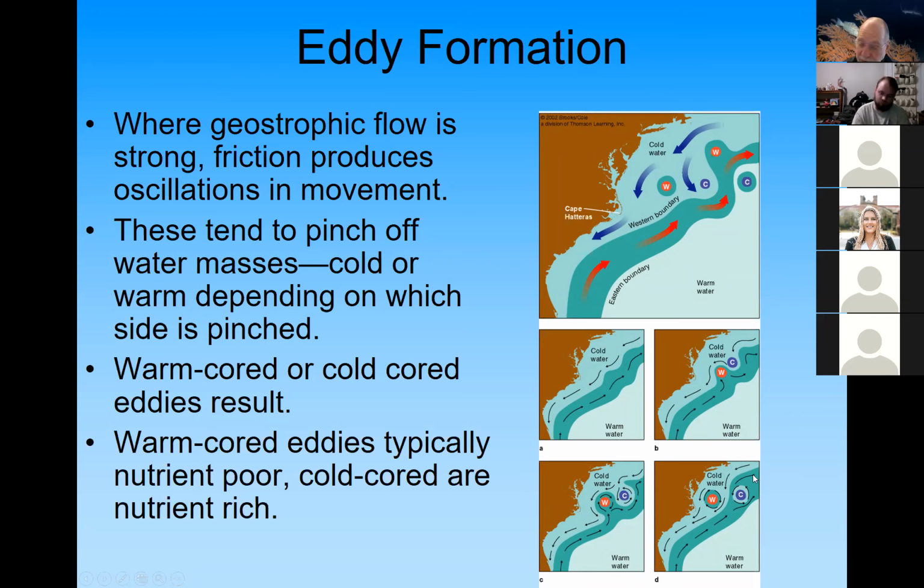And so if you were taking plankton samples on a transect across one of these eddies in the Gulf Stream, you would find low plankton, high plankton, low plankton as you moved across the eddy. And this is a measurable effect. You could also measure the change in temperature to register that one of these eddies has been crossed.